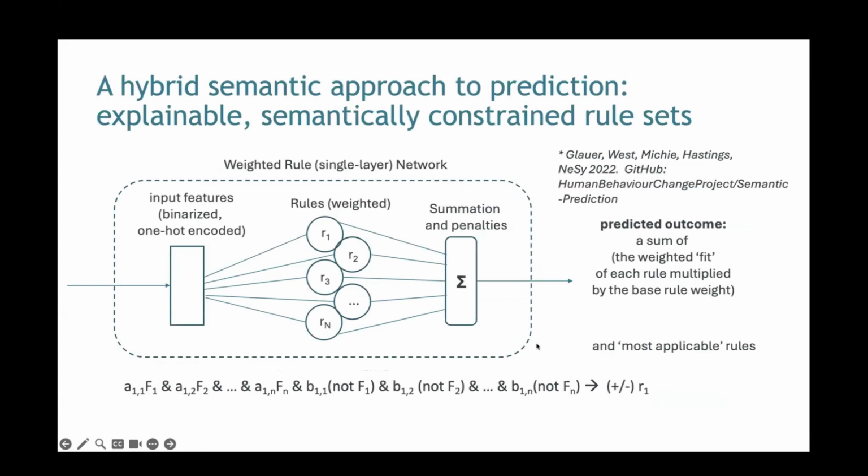And I won't go into this slide in any great detail, but this is just a schematic illustration of the architecture of the system. Basically, we have a whole lot of different rules. They have weights, which are in the beginning randomly initiated, and then through a machine learning training approach, we are able to find the optimal weights for the rules such that each prediction has the overall highest performance in our training setup, and we can identify the rules which are most applicable to give best performance for the system over the whole test scenario.